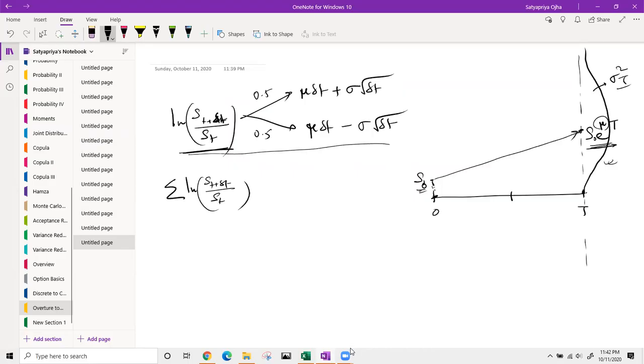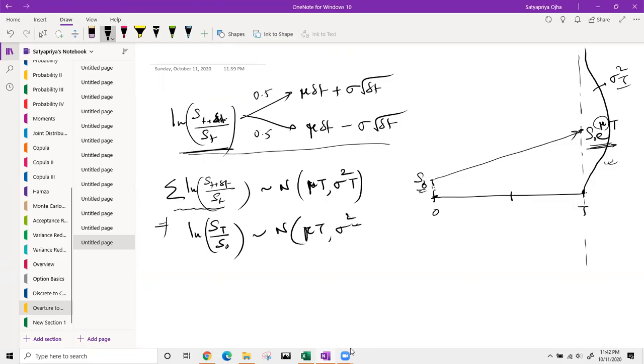Then this will become normally distributed, correct? Mean would be mu t and variance sigma square t. This is what we proved. When you add the log returns, you get the overall return. St by S0 is normally distributed with mean mu t, variance sigma square t. Correct?